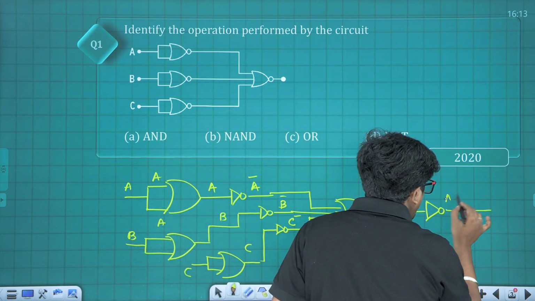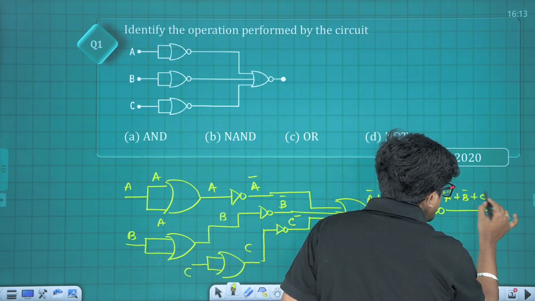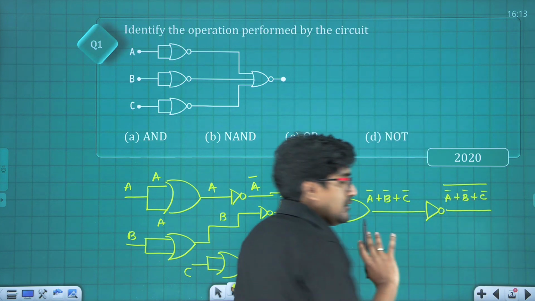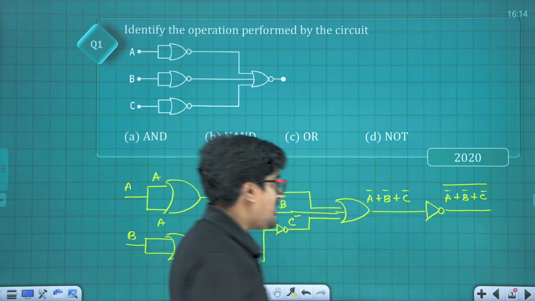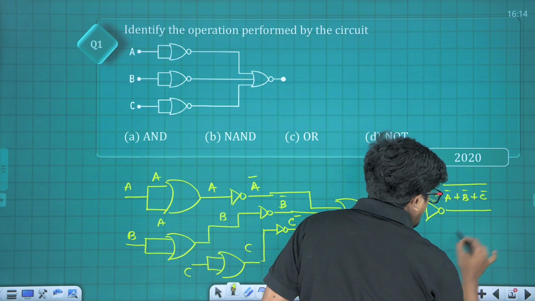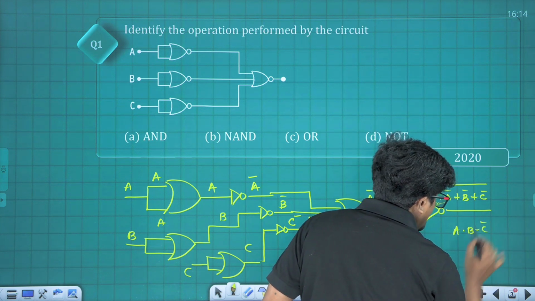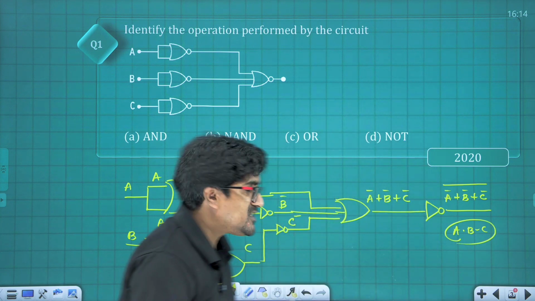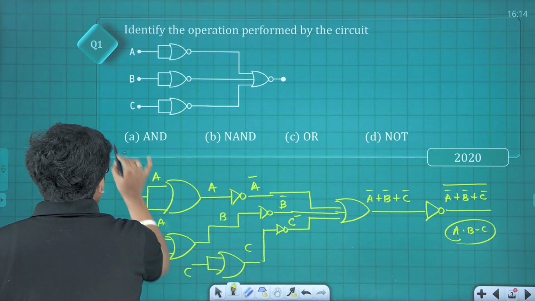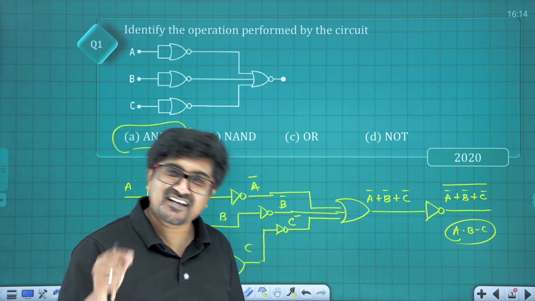It's going to be A bar plus B bar plus C bar, the all complement, or A complement plus B complement plus C complement, the all complement. What is it supposed to be? Here this is supposed to be A dot B dot C, which is supposed to be an AND gate. I hope it was clear. Now let's move to the next, that is question number 2.